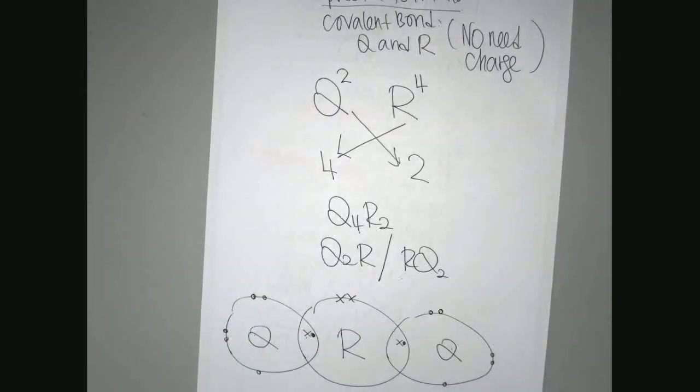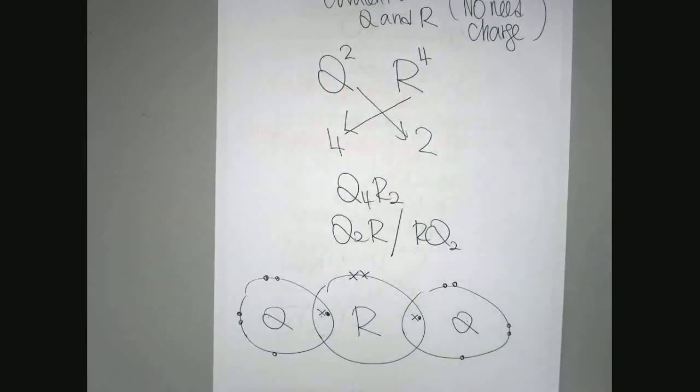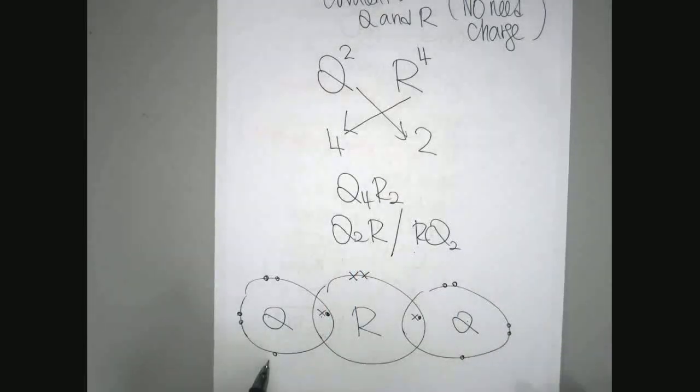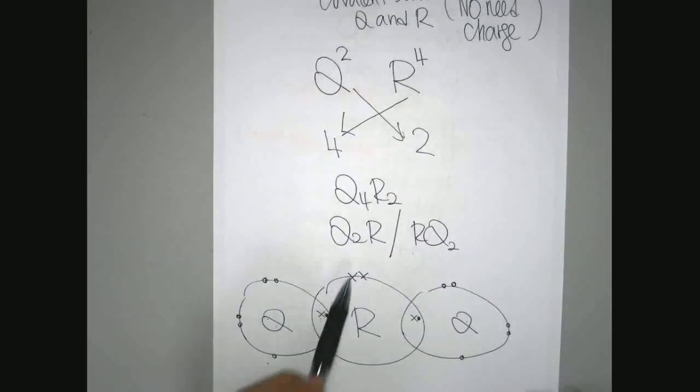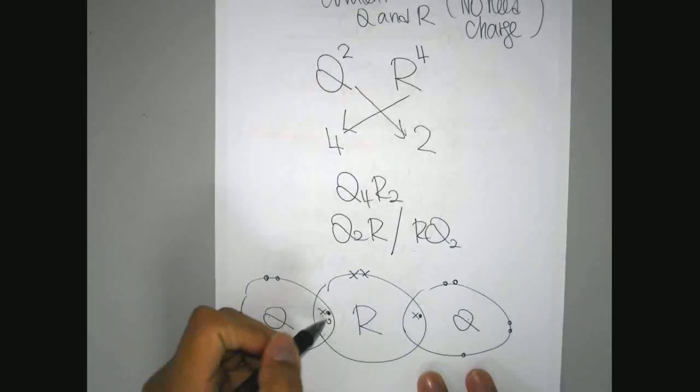So how to know if sharing 1 electron is okay or not? We just check in the end, are they stable? The Q in the end only has 6 and 7, which is not yet stable. The R in the end is 2, 4, 6, also not yet stable. So in this case, if sharing 1 electron is not yet stable, you need to increase the amount of electrons for sharing. So the Q will put in 1 more electron for sharing.